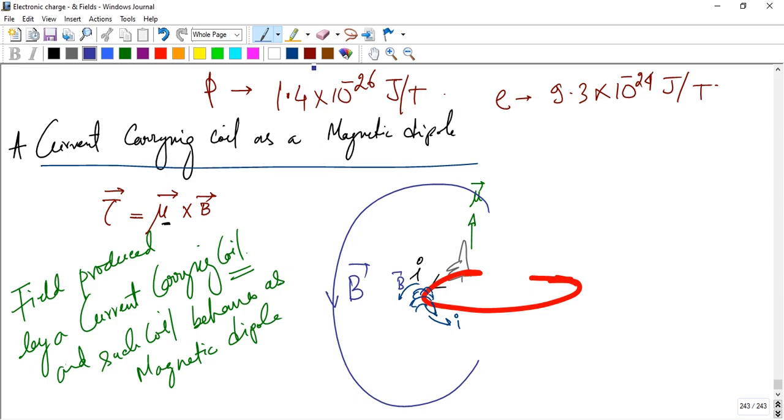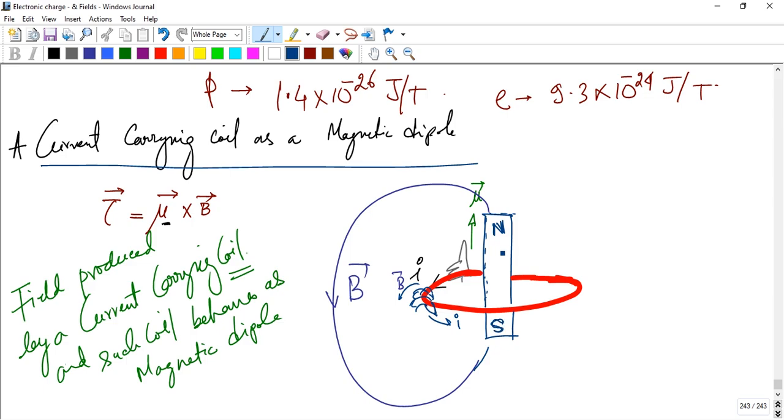And you know that for a bar magnet, if I place an imaginary bar magnet here, the field is released from the north pole and enters the south pole.